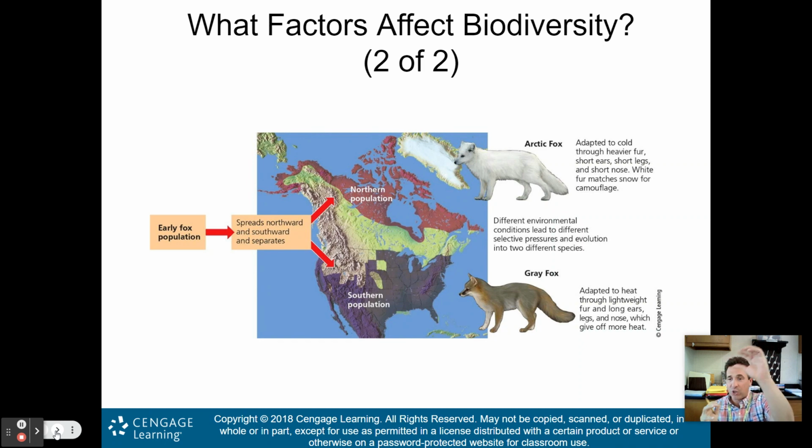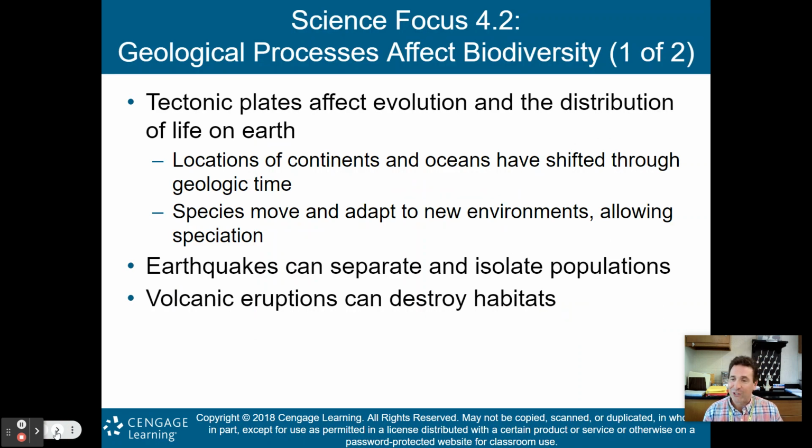Natural selection took place in both areas. And now you have two foxes that are different species. Yes, they're still foxes, but an Arctic fox and a gray fox cannot breed to form fertile offspring. As a result, we now have two different species of fox. So that's how geographic isolation leads to reproductive isolation, which then leads to a new species, called speciation.